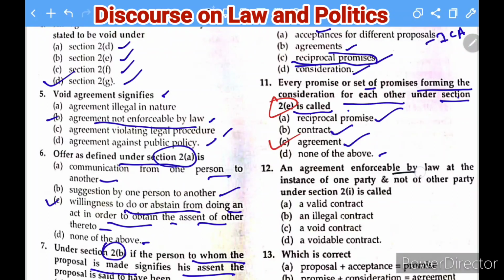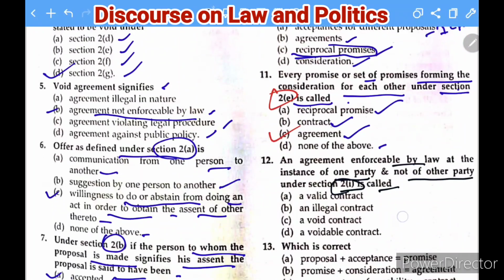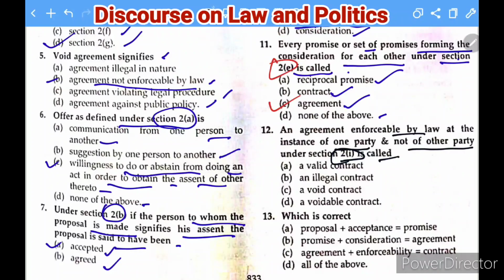An agreement enforceable by law at the instance of one party and not of the other party under section 2i is called. Options given here: a valid contract, an illegal contract, a void contract, or a voidable contract.